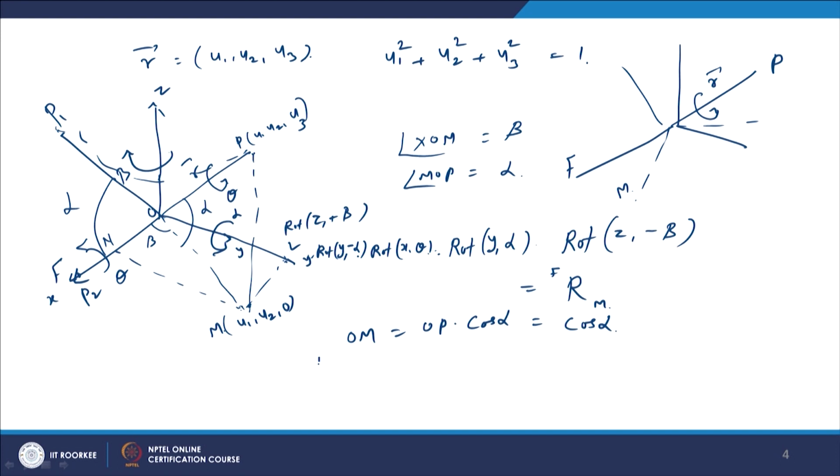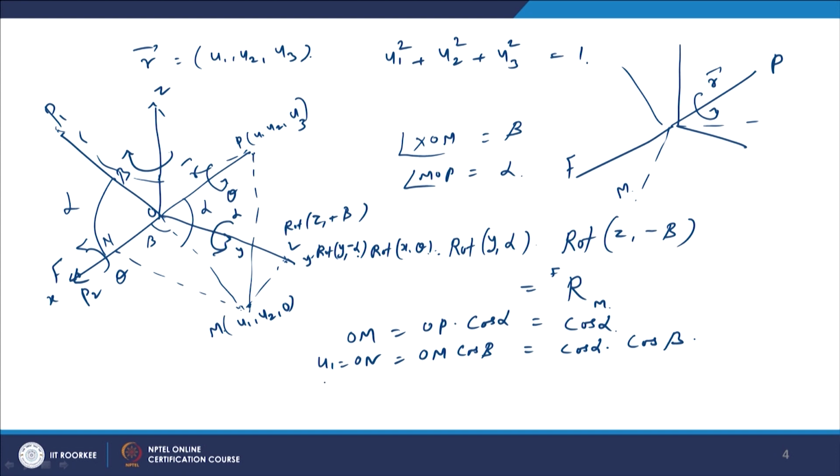ON. The x coordinate of this point P is U1, it is nothing but OM cos beta. But OM is cos alpha, therefore, we get cos alpha into cos beta. So, U1 value is given by cos alpha into cos beta.